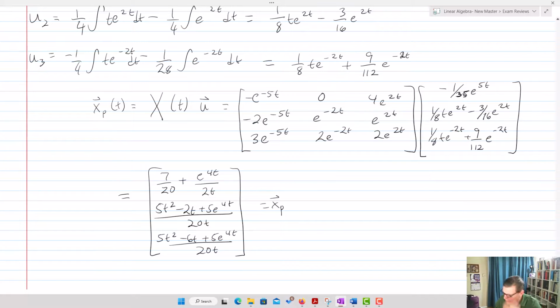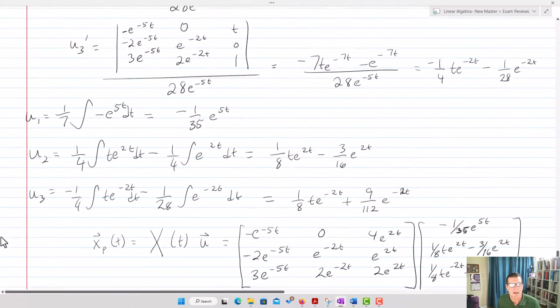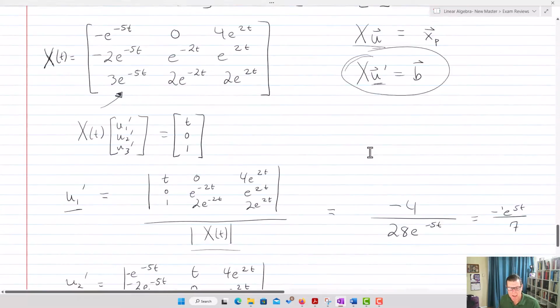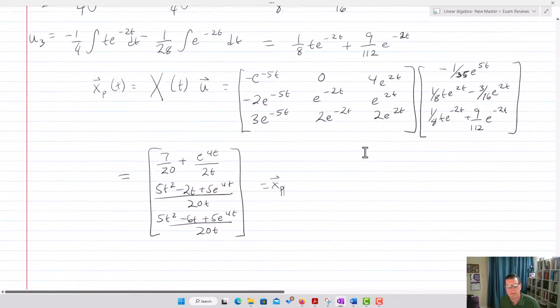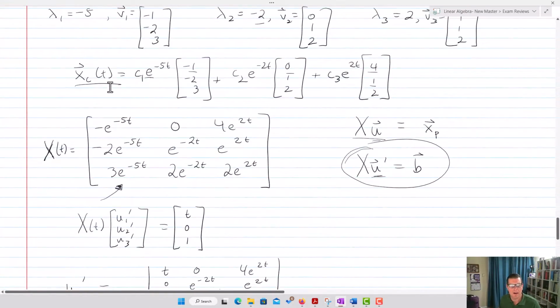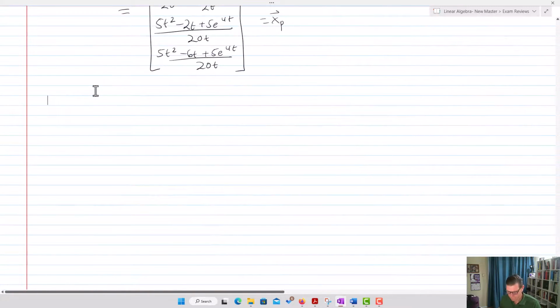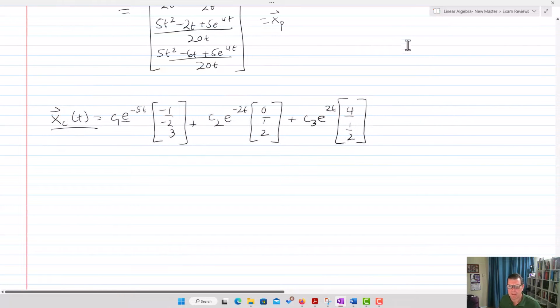So the entirety of my general solution now is to add xc, the solution to the homogeneous part, and this xp. I'm going to go up here. Have to take the advantages of computers. I'm going to copy it, bring it down here. There we go.